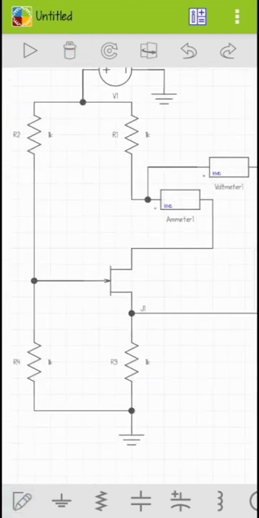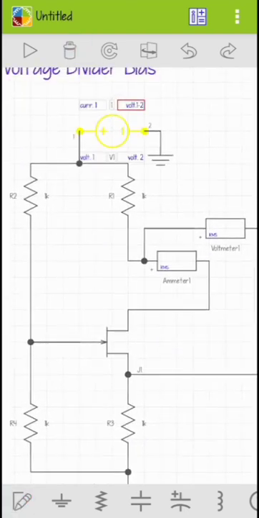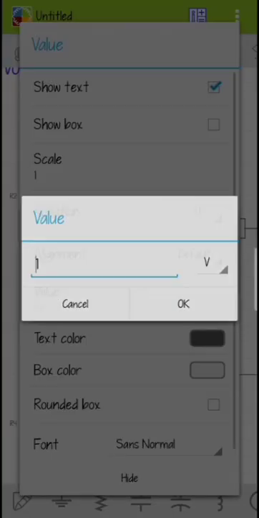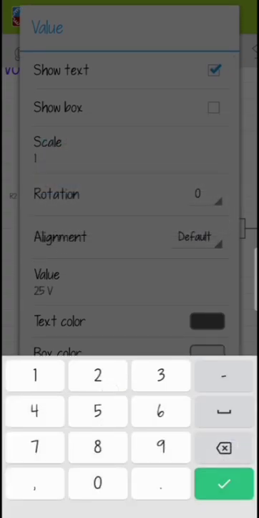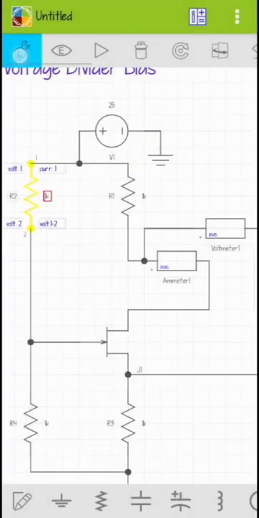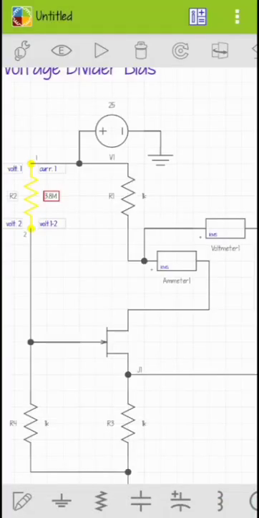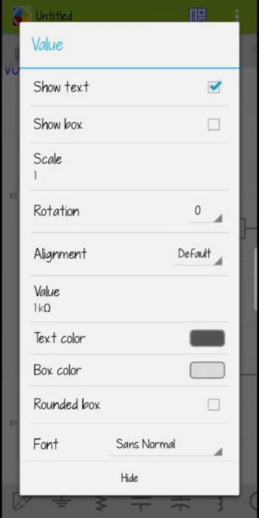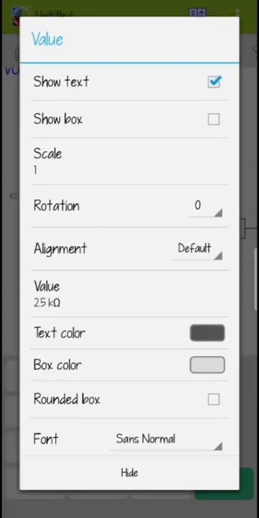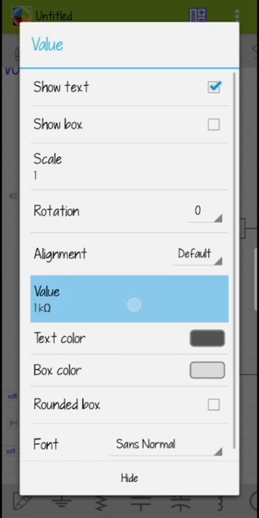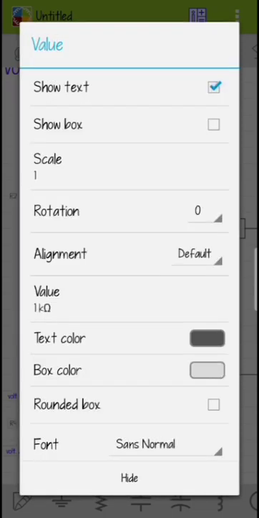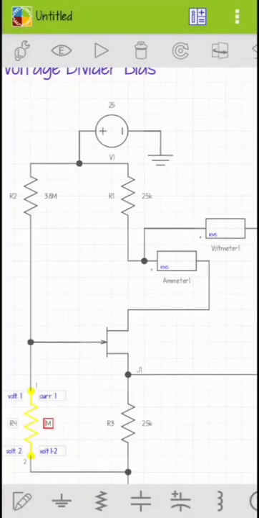So now for this power supply I am giving 25 volt, and for RG1 I am giving 3.8 mega ohms, and for RD I am giving 2.5 kilo ohms, and for RS the same as 2.5 kilo ohms, and for RG2 I am giving 1 mega ohms, and that's it. This is a circuit for voltage divider bias for FET.